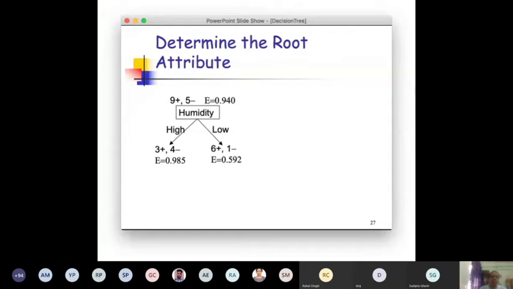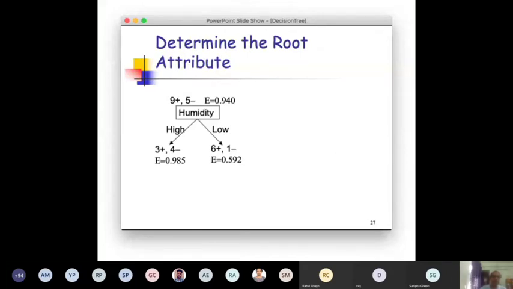So here, as you can see, it has selected humidity. I should say that if you consider the attribute humidity, then the entropies of each partition are like this.